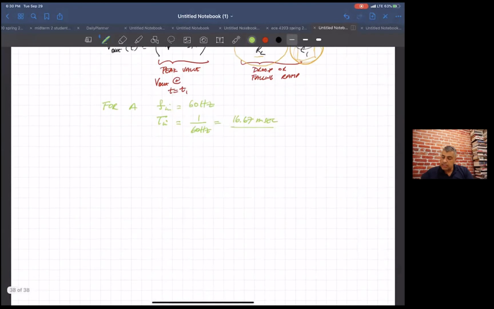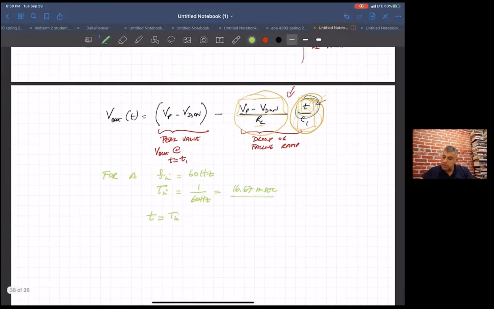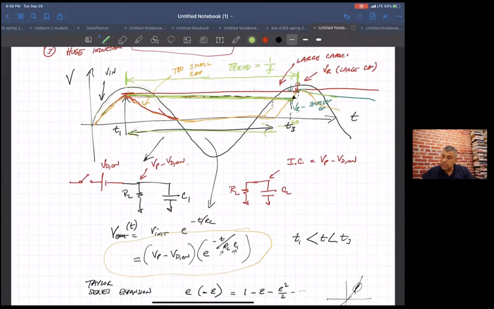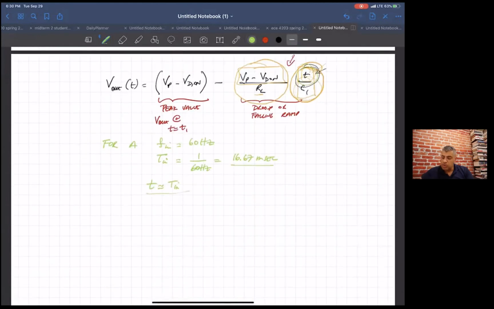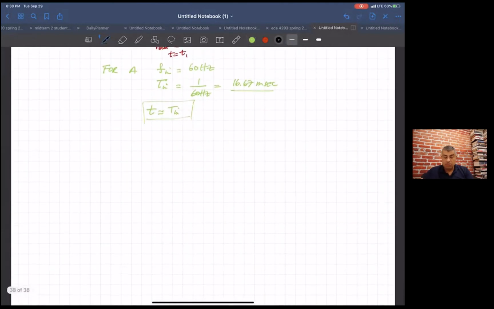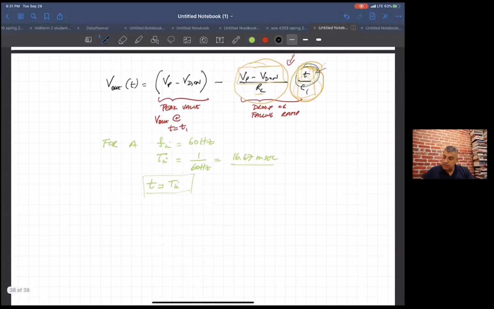So we can say the maximum droop value happens when t is approximately Tn. The full Tn includes this small period when the diode is on, but for the sake of simplification, we're saying that for almost the whole time this thing is drooping, because the diode turns on only momentarily.